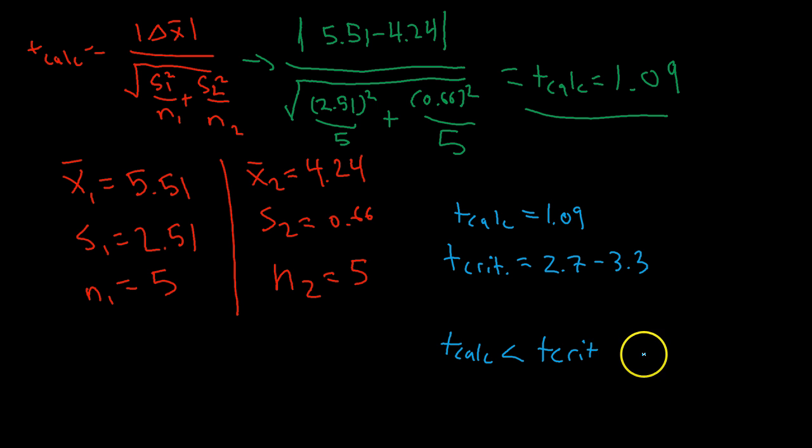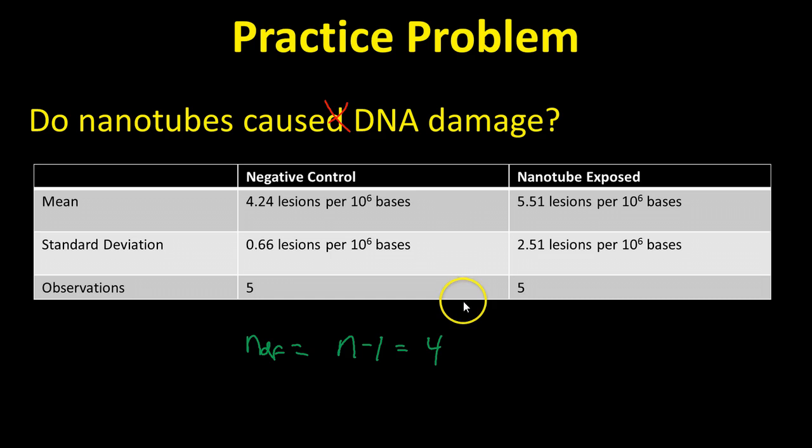So in this case, if t-calc is less than t-critical, that means that these are not different. So just keep in mind, what we're comparing here are the means, right? This t-calc is based off of means. It's a comparison of means. So that's saying that this mean here is not different than that mean there. So if we go back to our original question, which is, do the nanometers cause DNA damage? Our answer would be no, or at least not from this experiment.